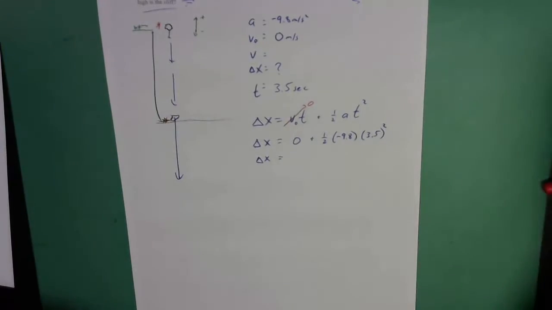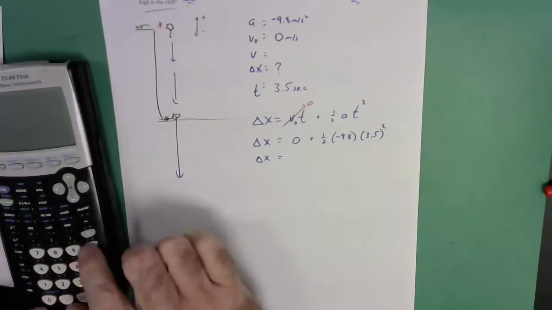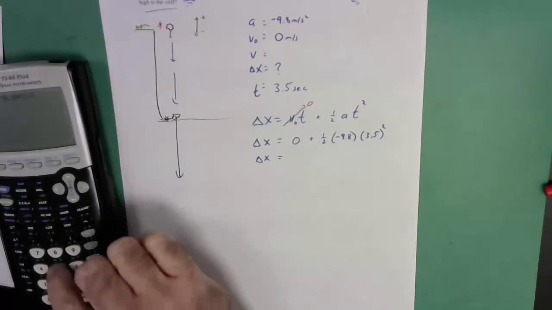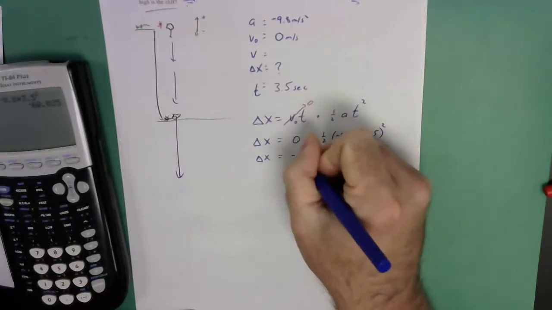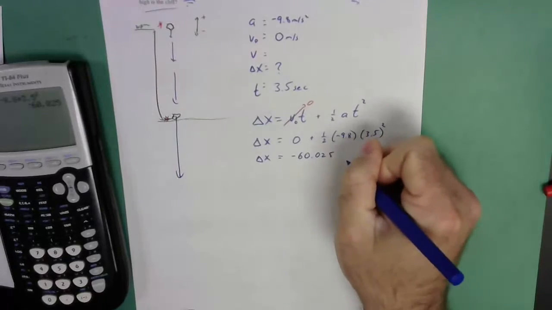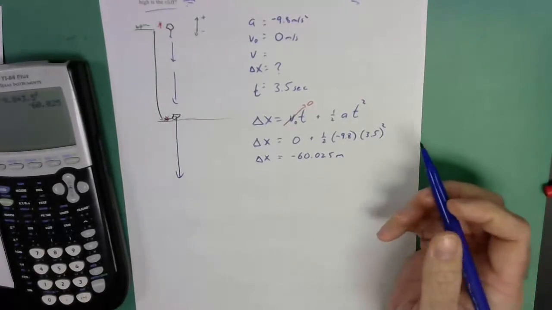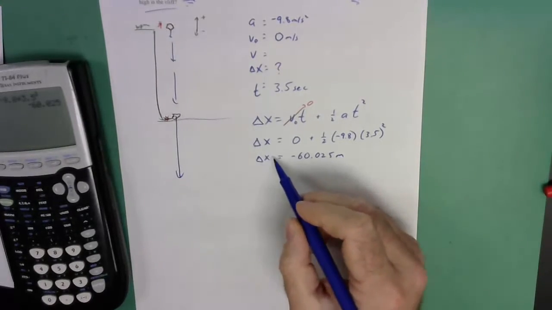If I do that, 0.5 times negative 9.8 times 3.5 squared, my calculator spits out an answer, negative 60.025 meters. Now, if you want to get really picky about it, this negative is the displacement.